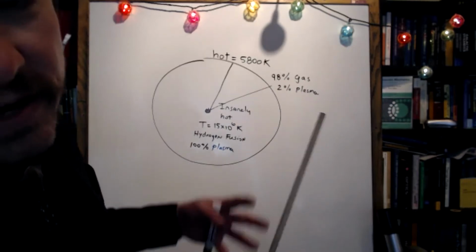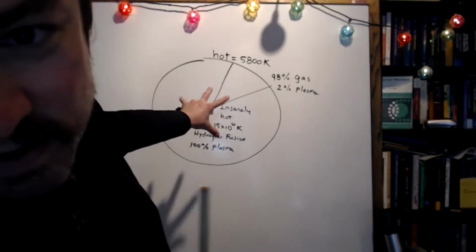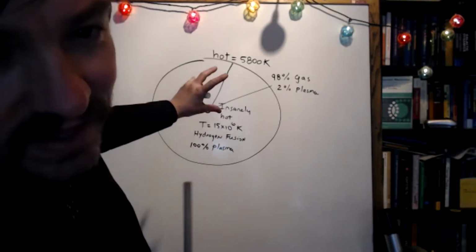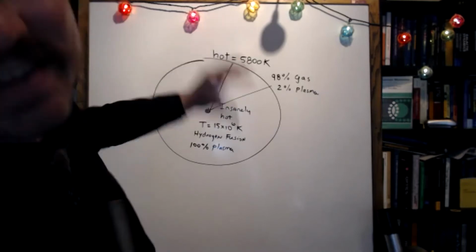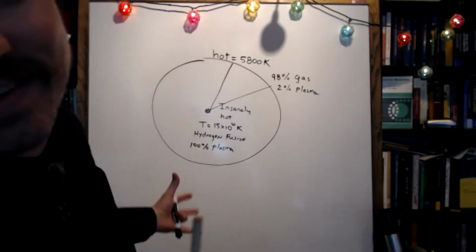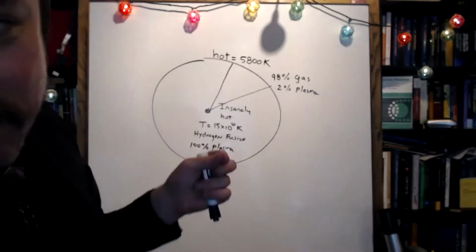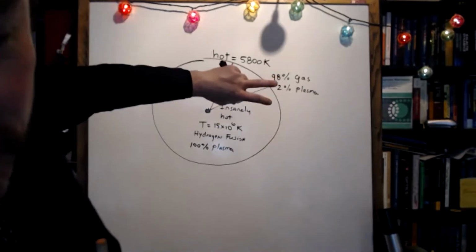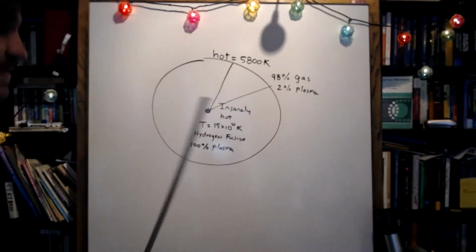So if you say the sun is a ball of plasma, you're not wrong because most of the interior is plasma. If you say the sun is a ball of gas, that's also not wrong because gas and plasma are both gases, right? But there's a nuance here that I'm trying to help you understand. The mixture, the change between gas and plasma, it affects the way the sun behaves.